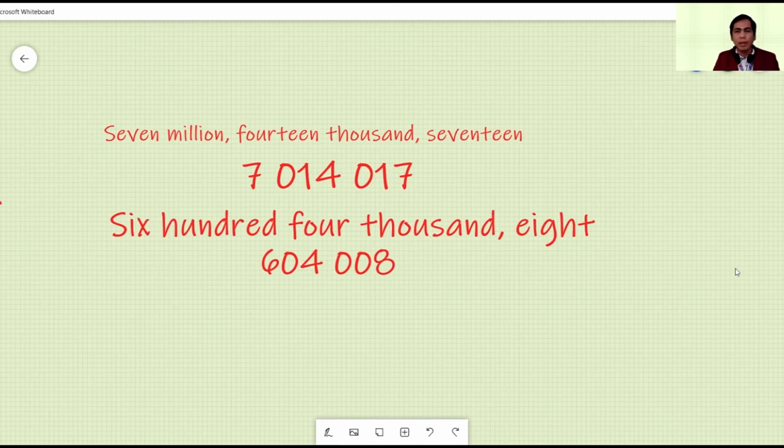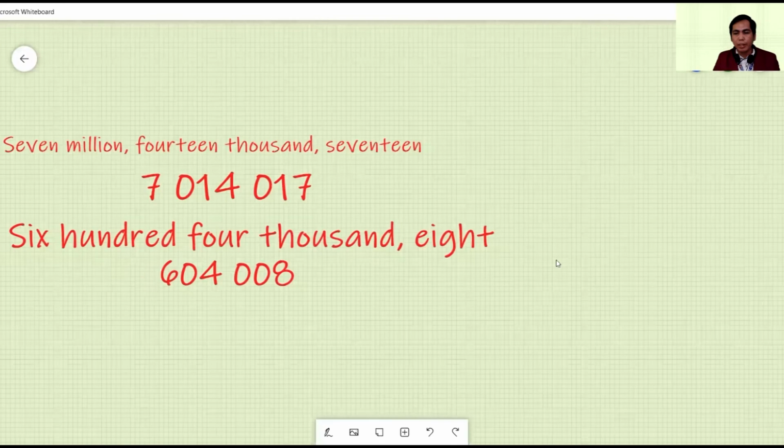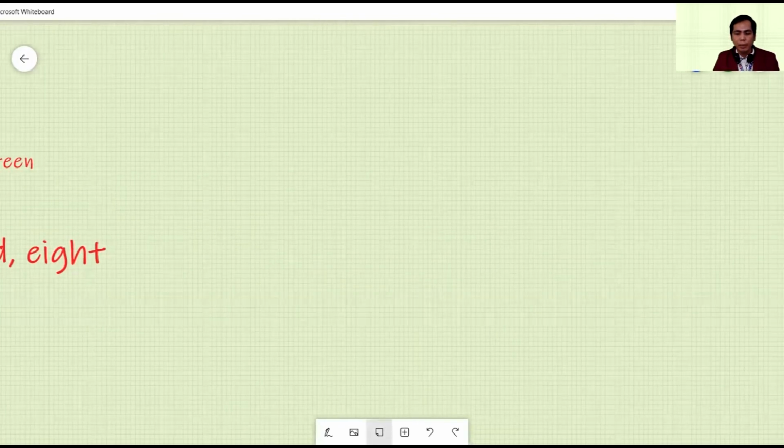In summary, when we read or write numerals in words, let us remember the following. Number 1.